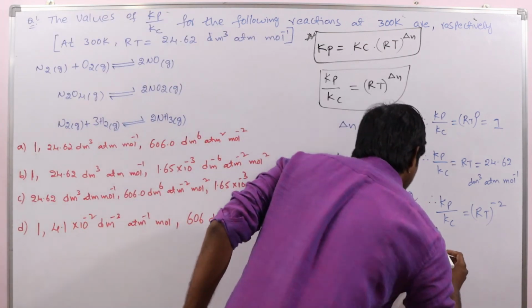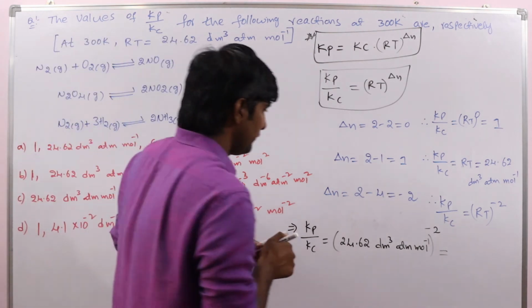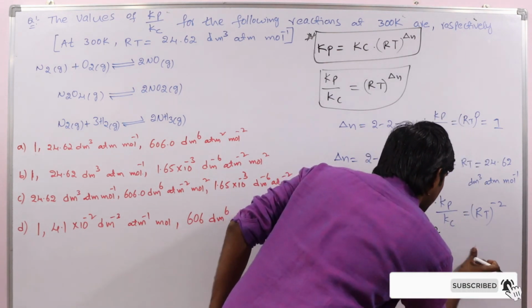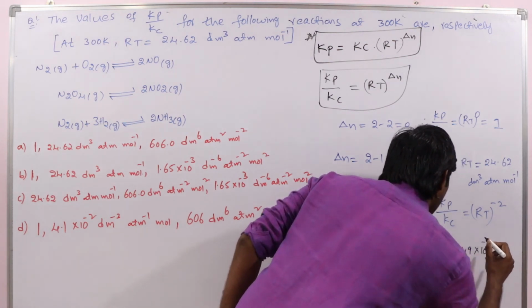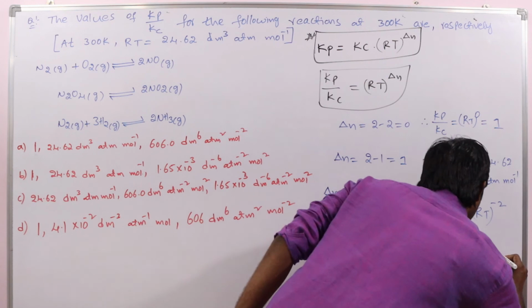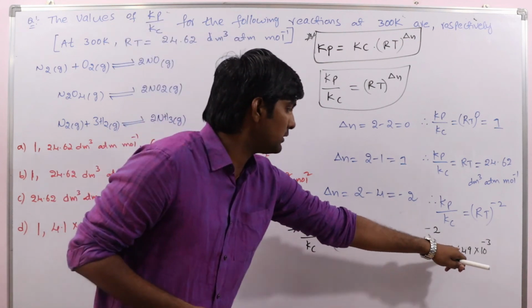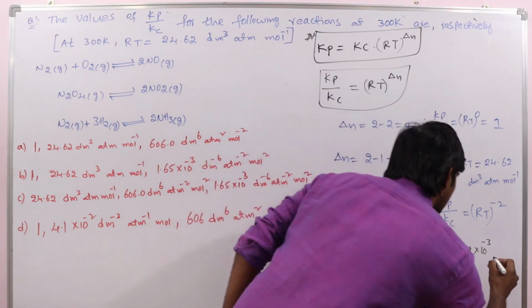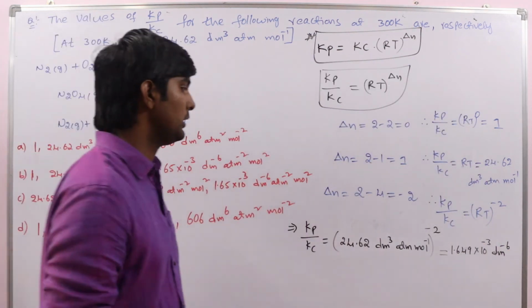Now after simplification, we get 1.649 into 10 power minus 3. This is the value of 24.62 whole power minus 2. Here, decimeter cube whole power minus 2 is decimeter power minus 6.